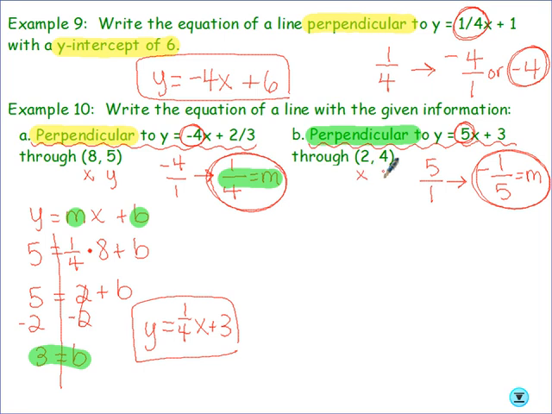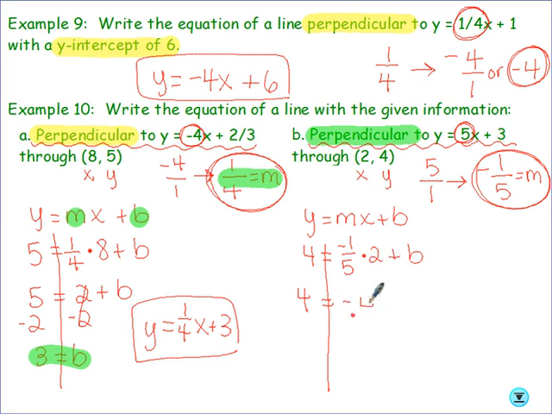Here's x, here's y. We use our equation. Y is 4, m is negative 1 over 5, times x is 2, plus b. Multiply, and in your calculator, negative 1 divided by 5 times 2 should give you negative 0.4. Decimals are okay there.